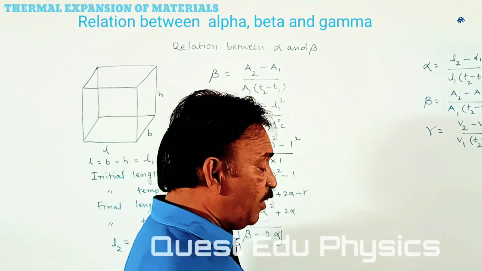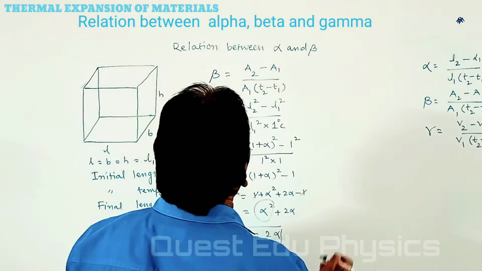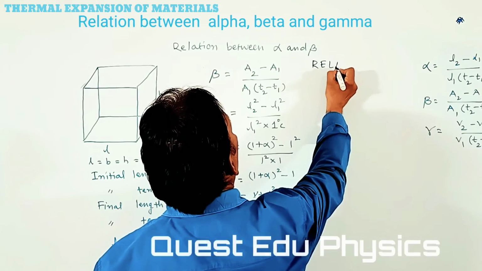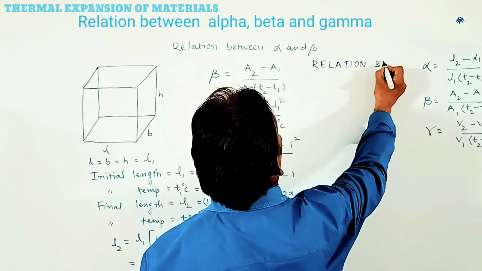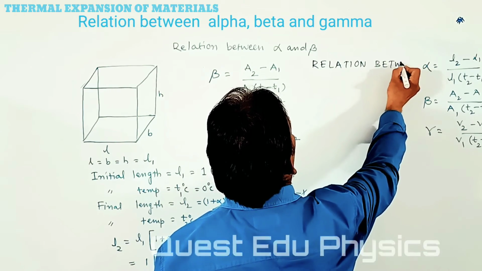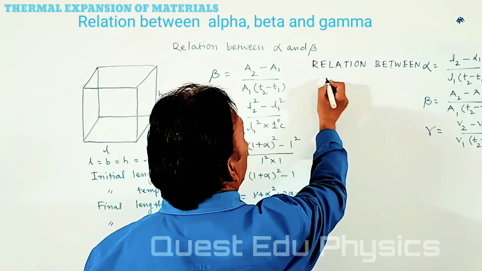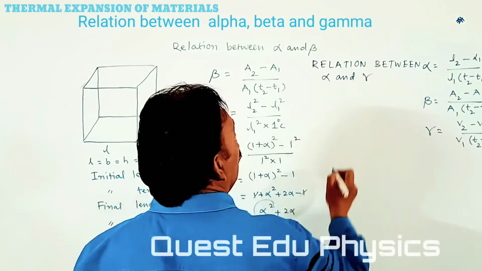In the same way, if we go further, we are finding the relation between alpha and gamma. Okay, students.